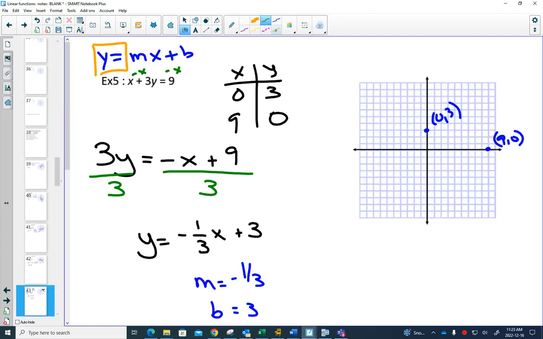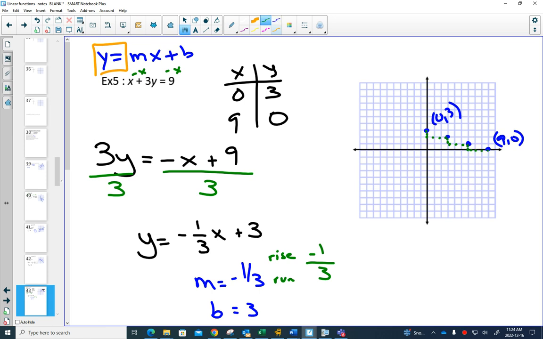Okay? But if you had first rearranged it to get it into y equals mx plus b, you could label 0, 3, which we have already. Can you see a slope of negative 1/3? This would be your rise. This would be your run. So I'm going to go down 1 over 3, find another point. Down 1 over 3, find another point.